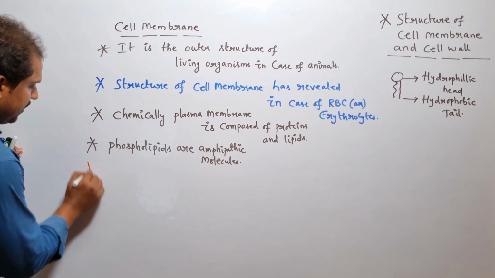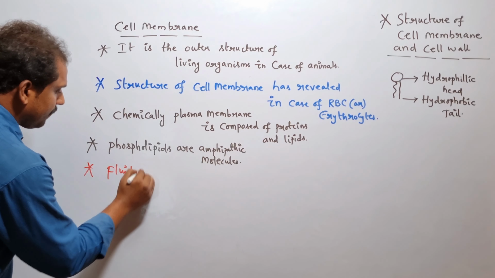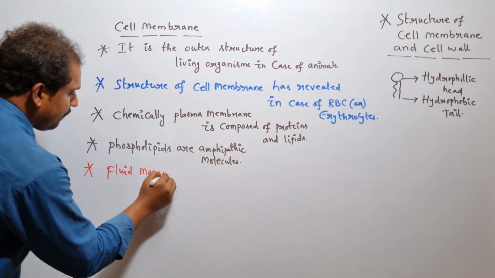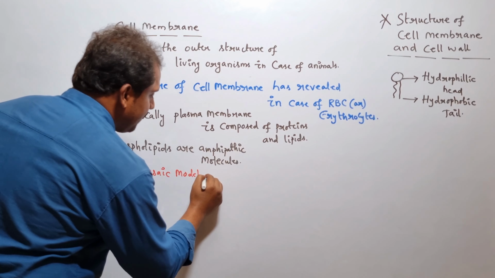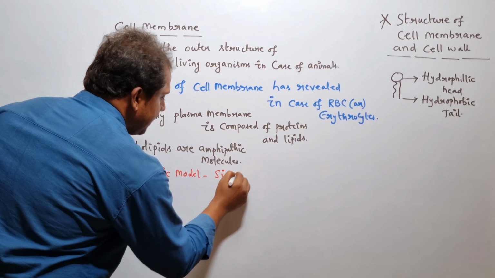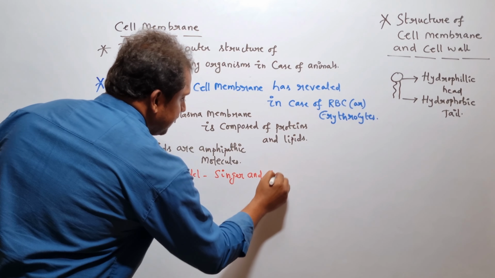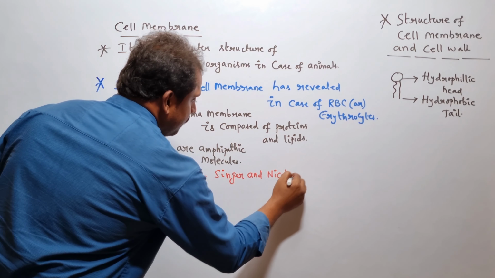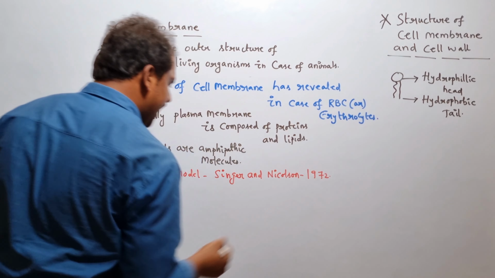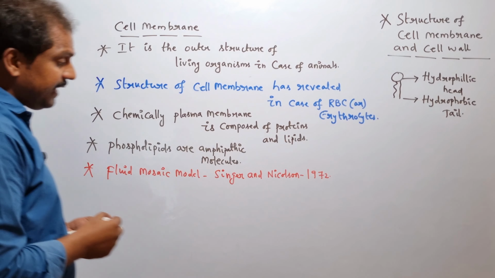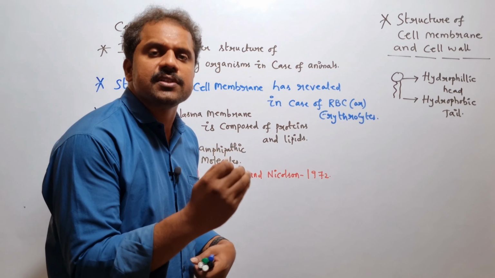Fluid mosaic model was explained by Singer and Nicholson in the year 1972. According to Singer and Nicholson, in the fluid mosaic model, proteins are the icebergs in the ocean of lipids.